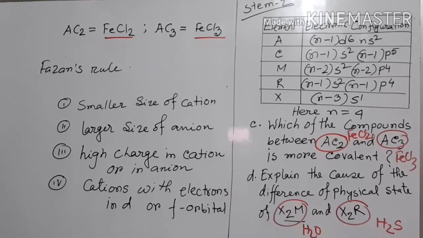The greatest effect of polarization is produced in molecules having: one, small size of cation; two, large size of anion; three, high charge on cation or anion; and the last one, cations with electrons in d or f orbitals. In general, the greater the extent of polarization, the greater is the covalent character of the chemical bond.